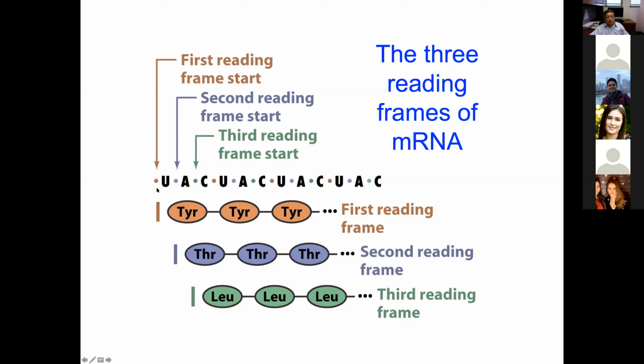Oh, okay. So they would be coding for different sequences of amino acids. But in reality, for messenger RNA, you only have one reading frame. Because you only start with a certain start codon, AUG, and then you read triplets one by one, and then you complete the whole sequence of a protein.